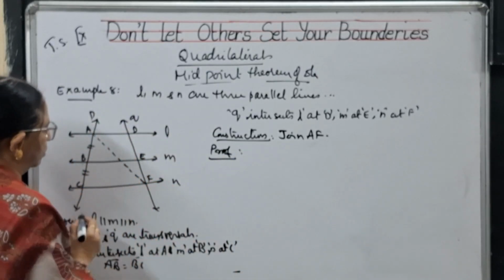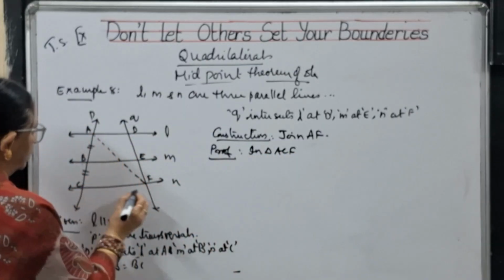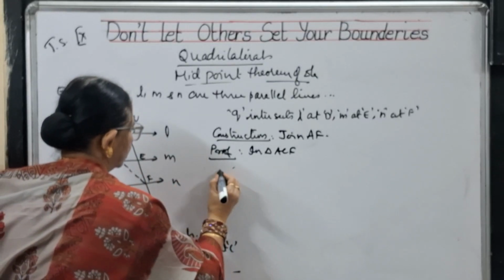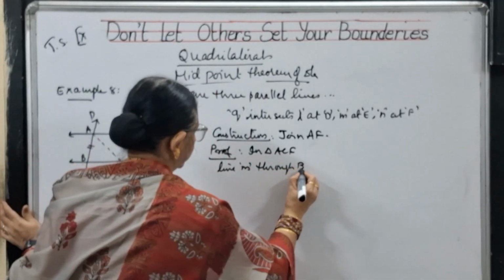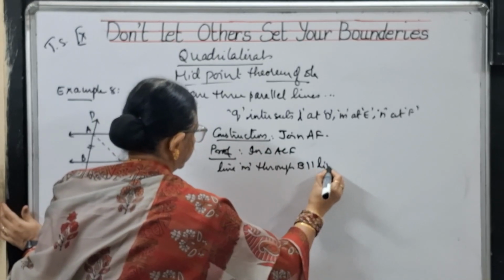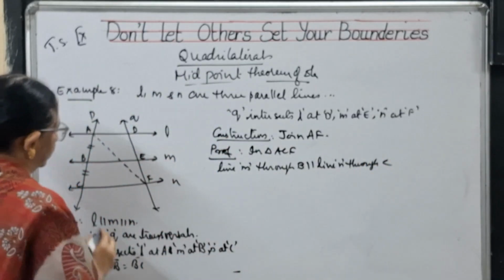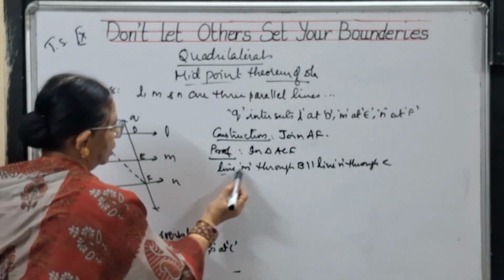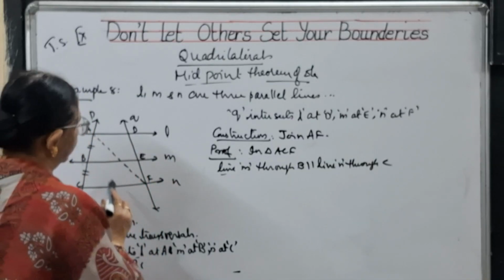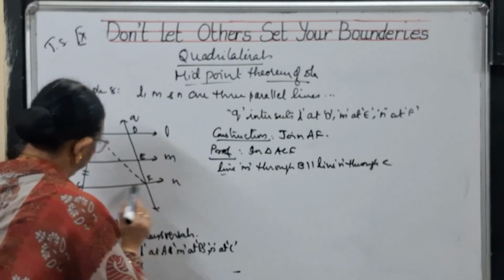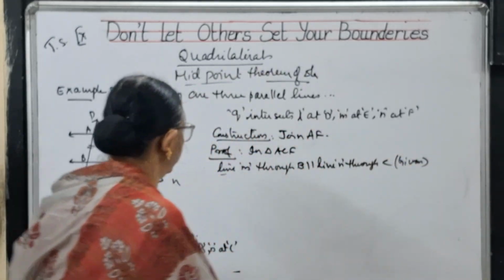See, when you are joining AF, in triangle ACF, line M through B is parallel to line N through C. This is given to us.